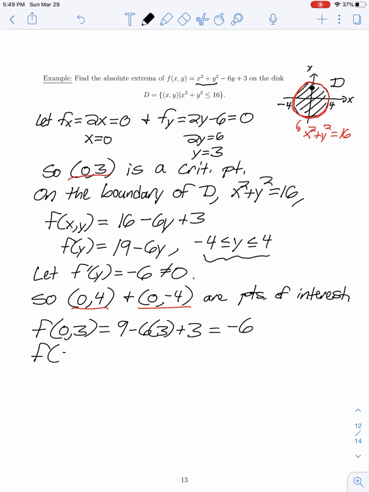So we have -9 plus 3, or -6. And then the value of our function at (0, 4) would be 16 minus 6 times 4 plus 3.